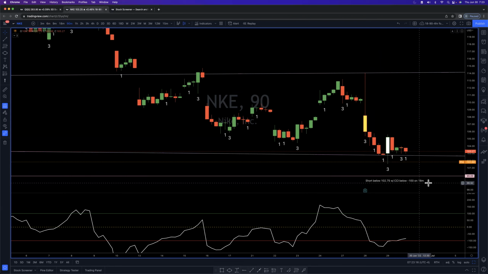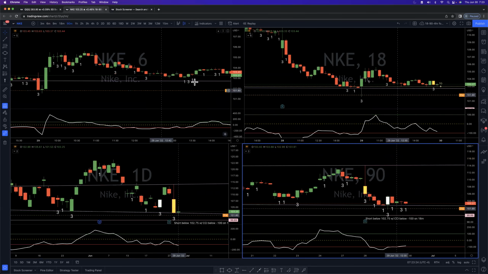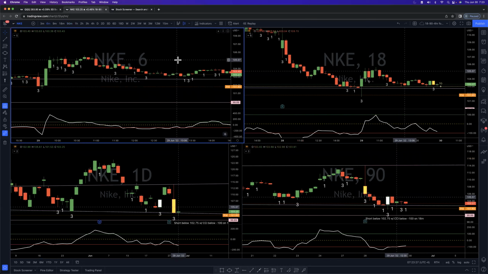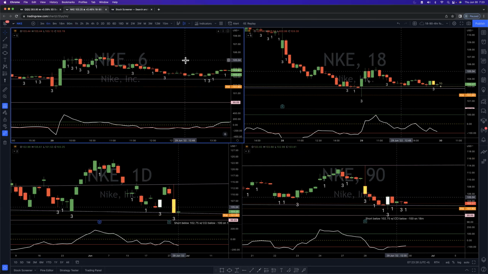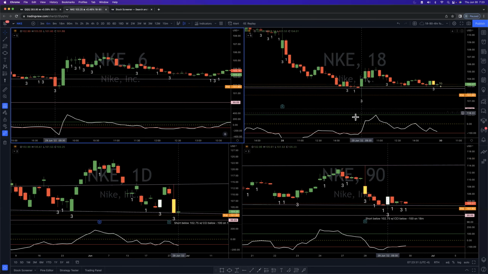But we needed CCI to be below negative 100 on the 18, right? And then, of course, my process is wait for the 15, 18-minute flip. So what does that look like, guys? We see what happened here on the open. Price traded down, created an outside bar, then a small body doji.